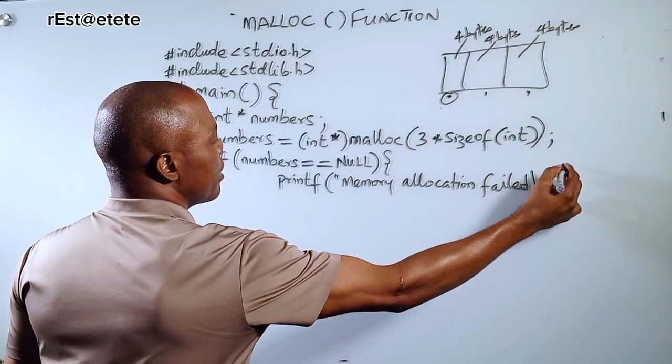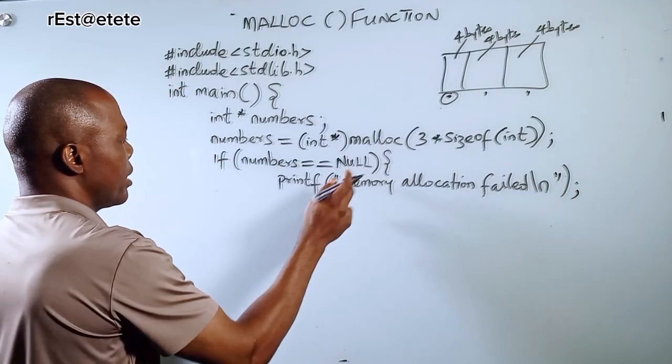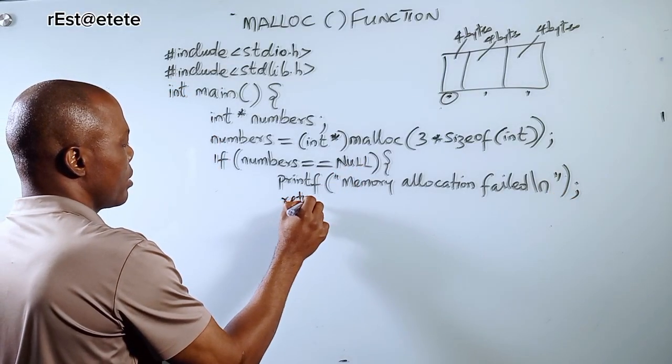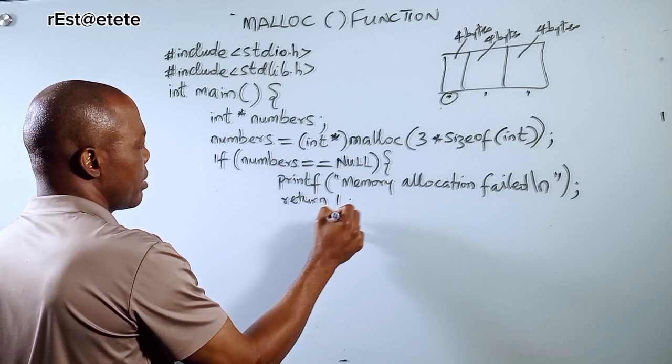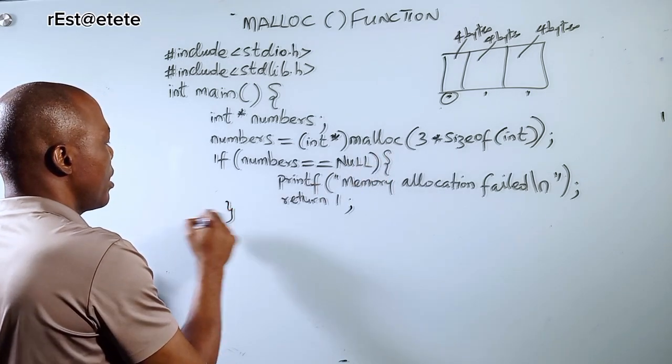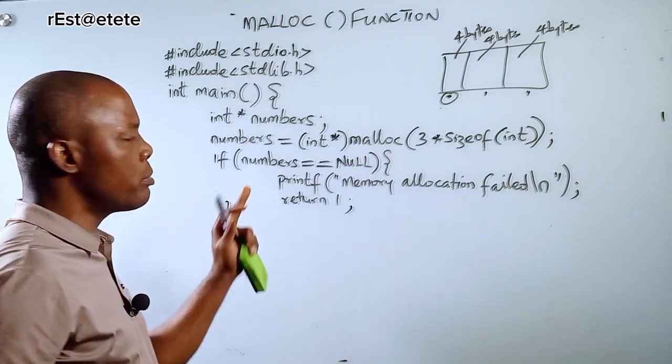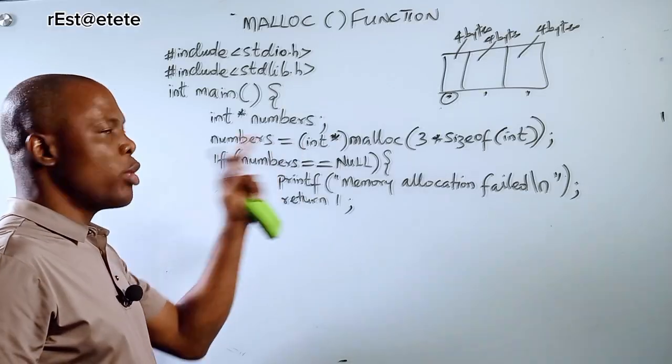Slash n. Okay, so I'll check that. Then I'll say return 1. So that means there's an error. I'll close this here. So this is me checking to be sure that memory was allocated.